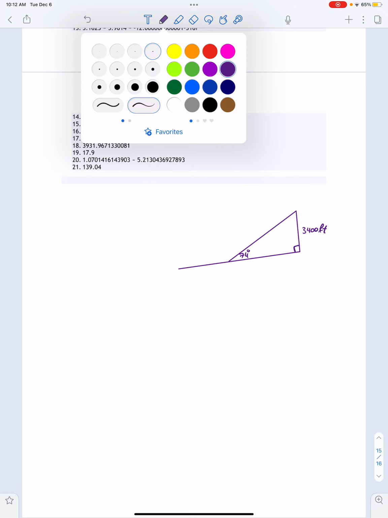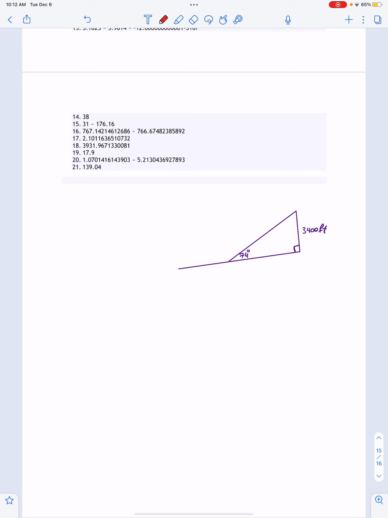And then there is a cable car running from the top of the mountain to the plain, and the distance from here to here is 1,000 feet. We will need to find the length of the cable needed, C, which is the red line that I highlighted there. So here is the plan.